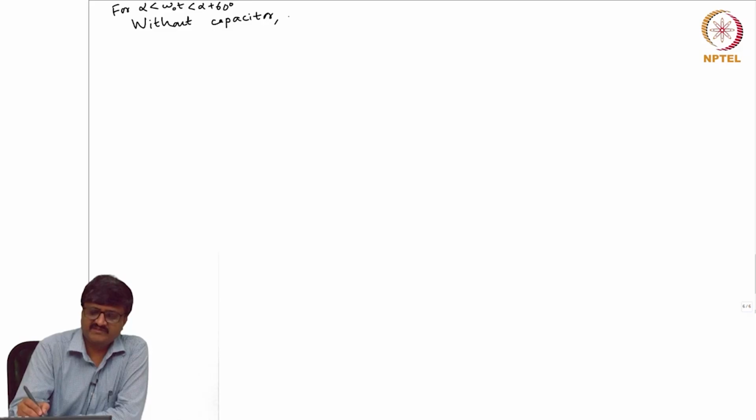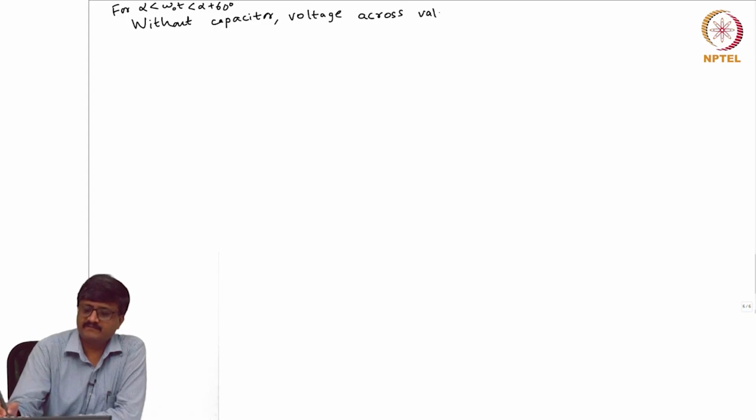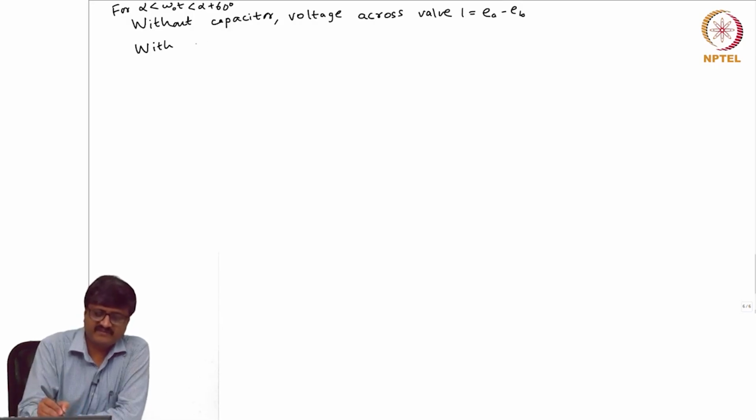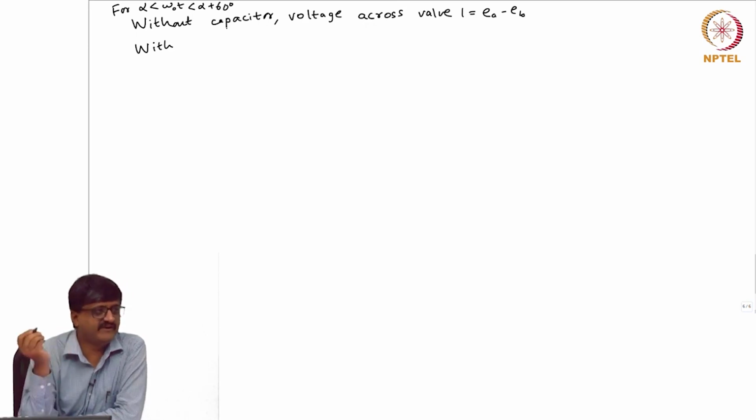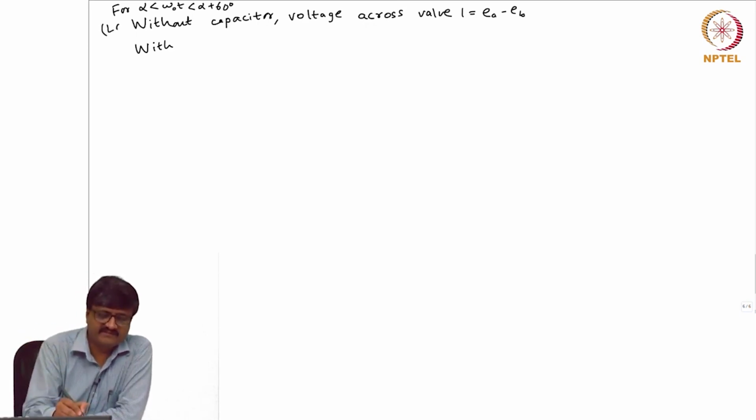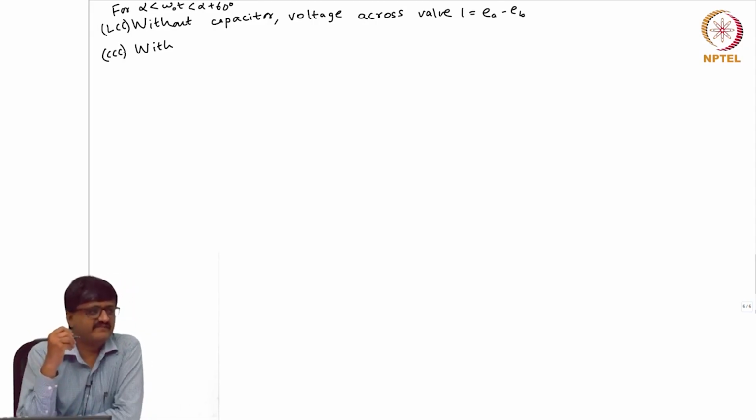Without capacitor, voltage across valve 1 is Ea minus Eb. With capacitor, that means for the capacitor commutated converter. Without capacitor means it is LCC, line commutated converter. CCC is the abbreviation for capacitor commutated converter.